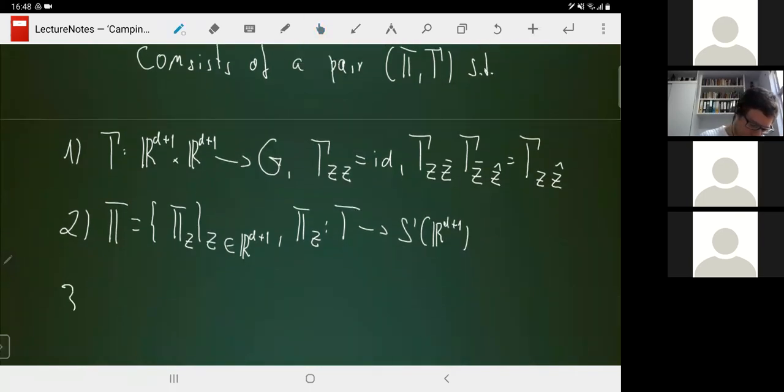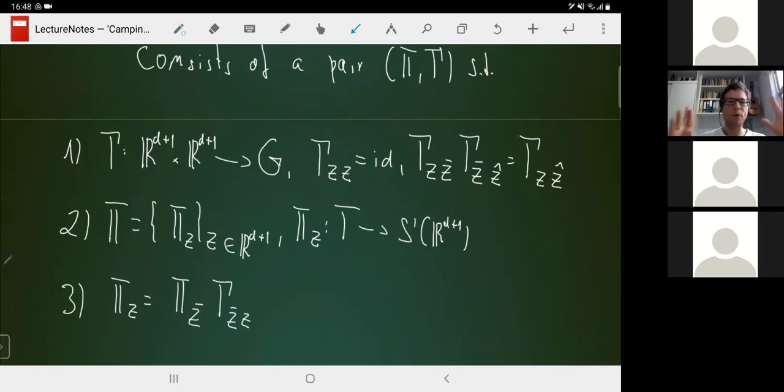Third condition. This third condition will now give a connection between Pi and Gamma. Pi_z is supposed to be the same as Pi_{z-bar} Gamma_{z-bar z}. Let's think about this. We have some polynomial, and what this gives you is the polynomial function centered around z.